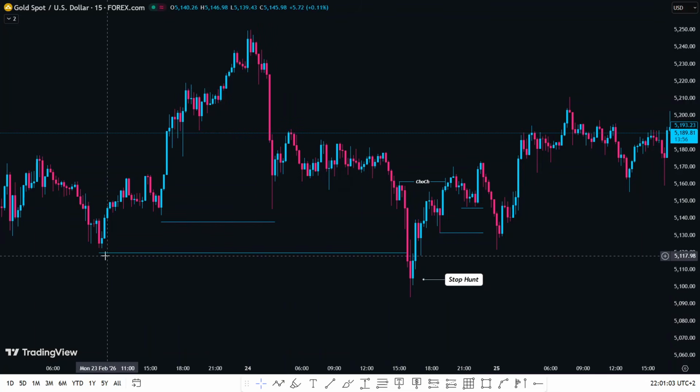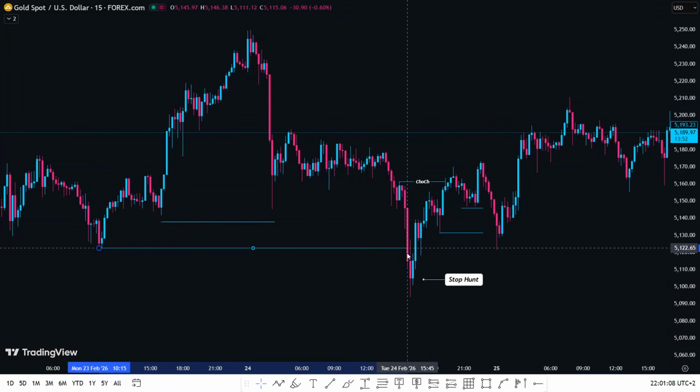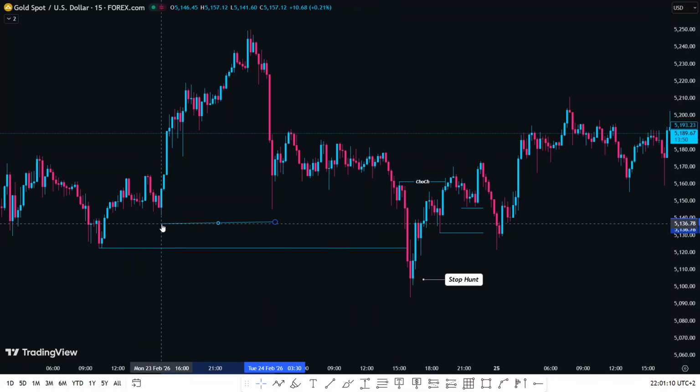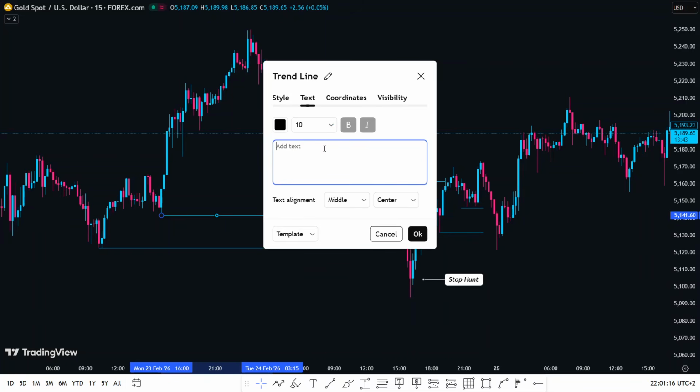Stop hunt right here. Then liquidity. These are equal lows, just marking them up, would be regarded as equal lows. Equal lows which result in liquidity.